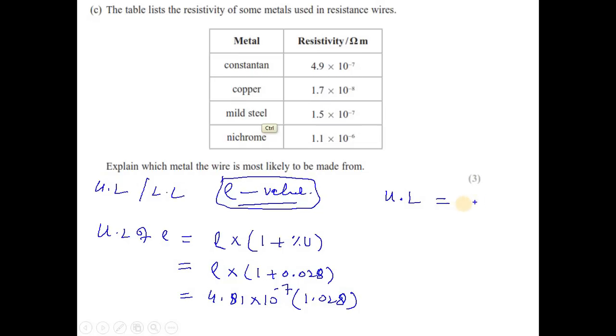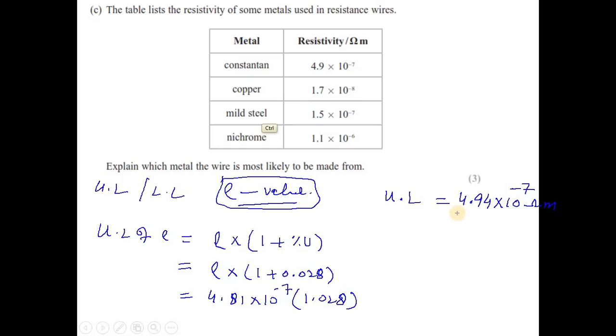4.94. Just let me check once again. Yes, indeed, it is 4.94 times 10 to the power minus 7 ohm meter.